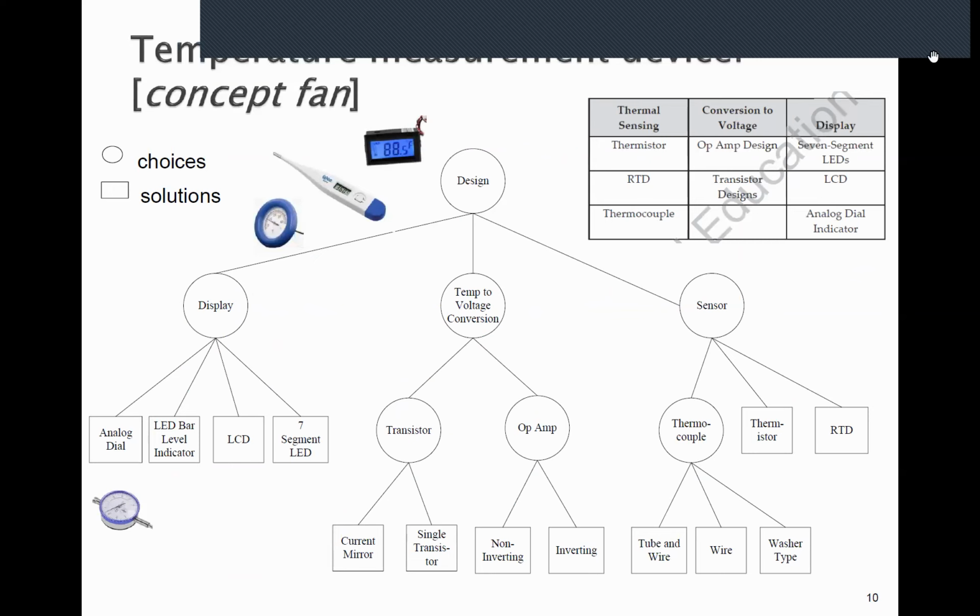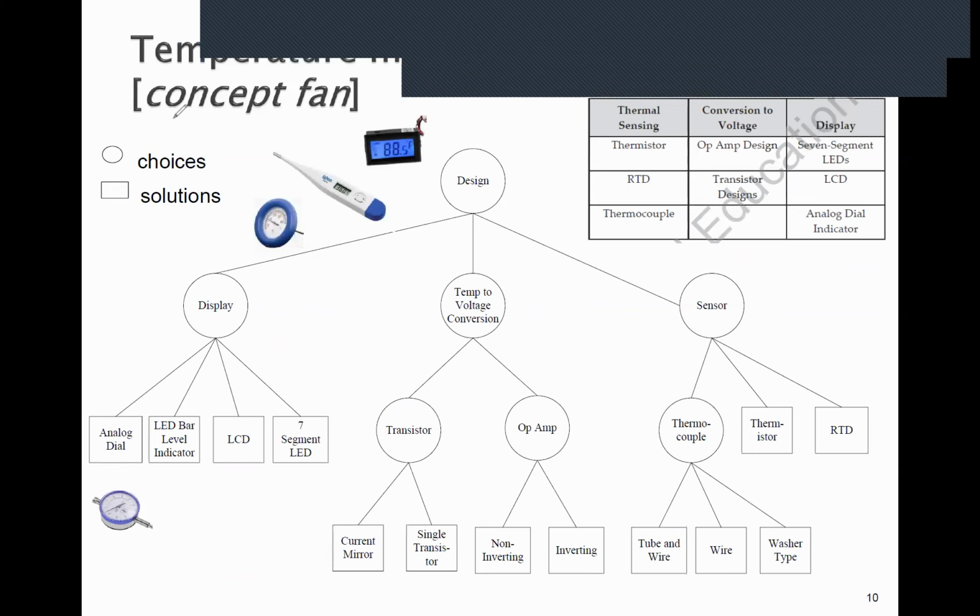Temperature measurement, where we have concept tables. So we are simply trying to evaluate the concepts. There are three sub-functions or modules in a temperature measurement device: thermal sensing unit, conversion to voltage, and then display.